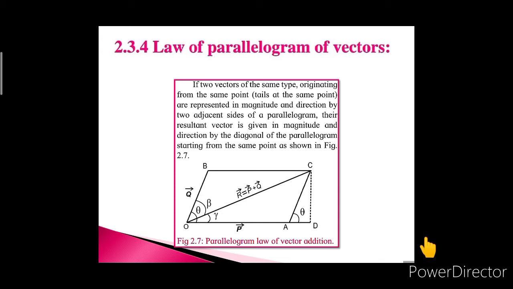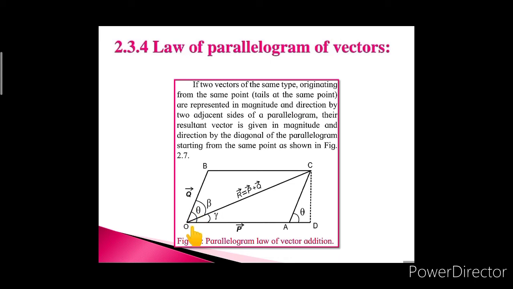In this figure, vector OA is represented as vector P, and vector OB represents the vector Q, as the two vectors originate from the same point O and are inclined to each other at an angle theta.